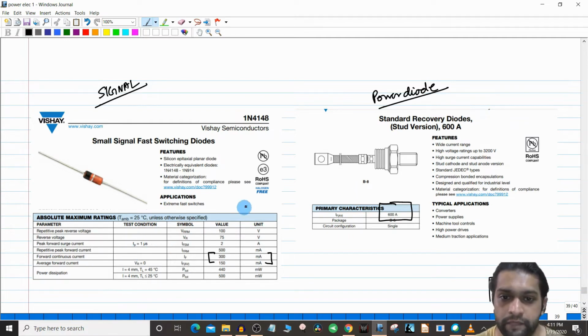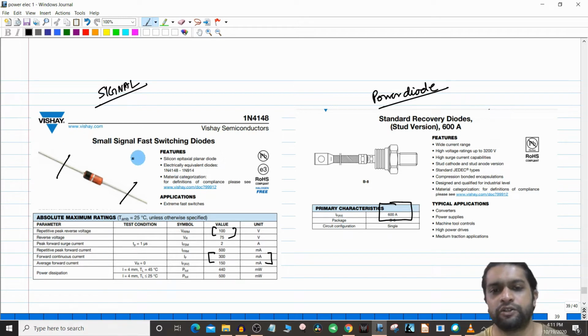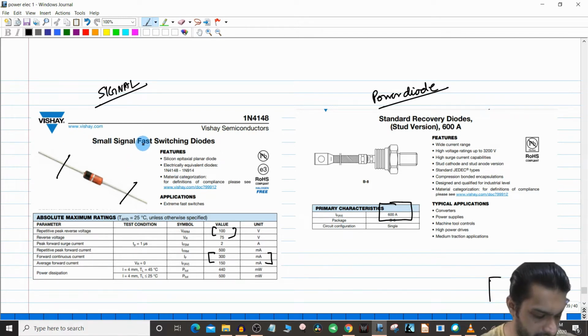The peak reverse voltage of the signal diode is 100 volts, so these are not very high values. You can even see the difference in construction: here you have the stud version, which is screwed type. If you go to a manufacturer's website, you can find various ratings: 100 ampere, 200 ampere, 300 ampere, 600 ampere. Similarly, here also you can find a lot of different variations.